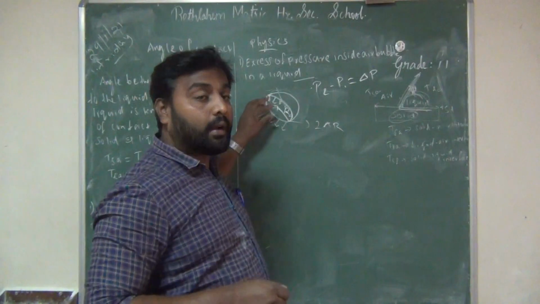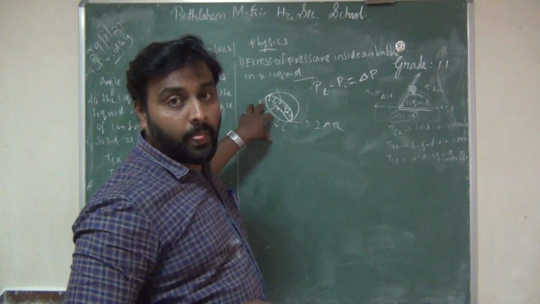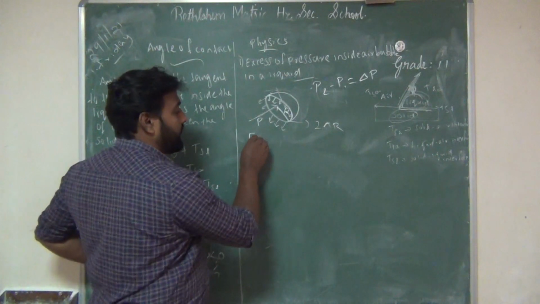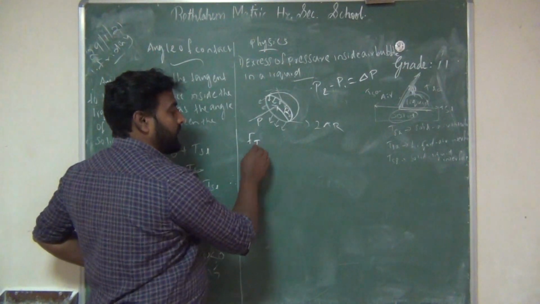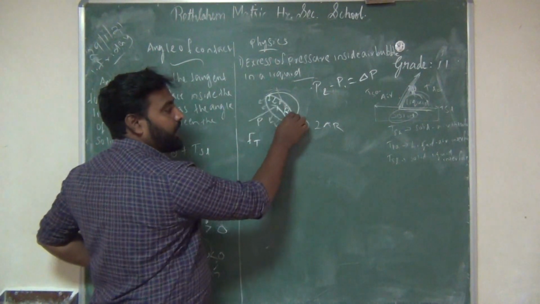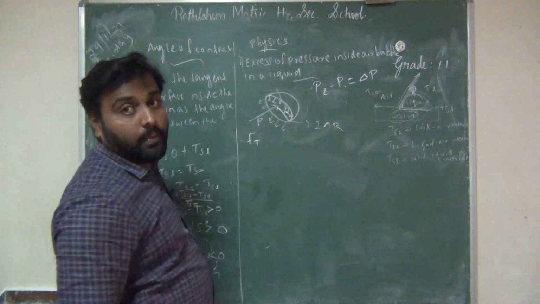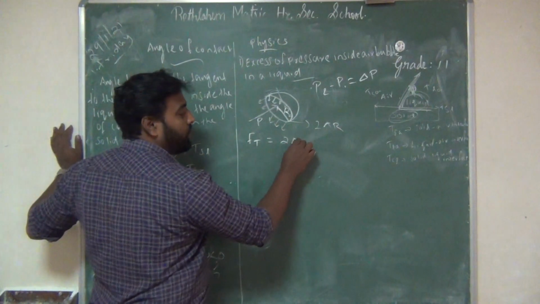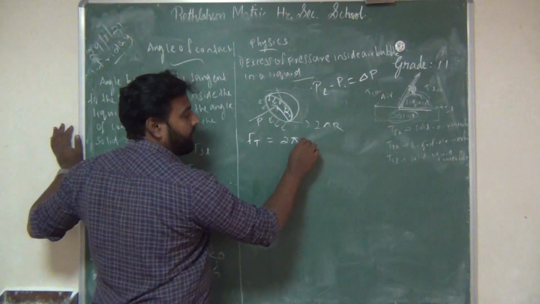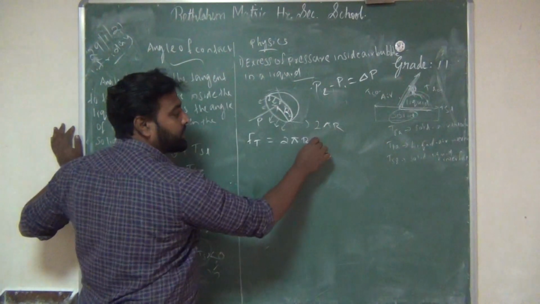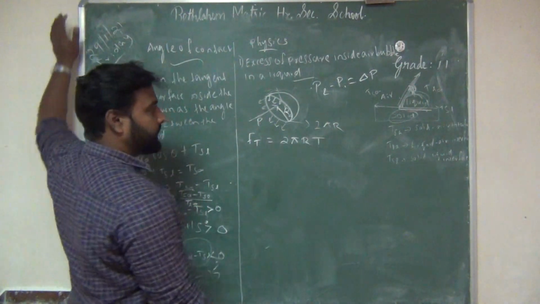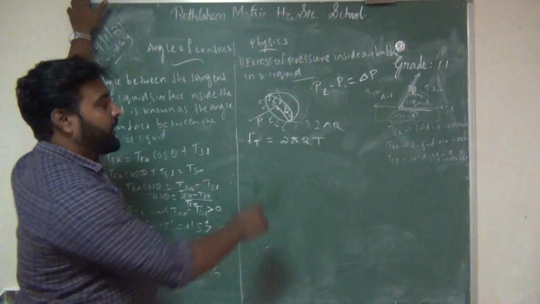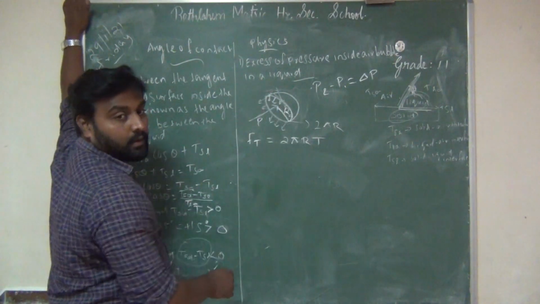To find this inside pressure, we first have to write Ft, the force acting around this rim. That is 2 pi r times the surface tension T, so 2 pi r T. 2 pi r is this length.